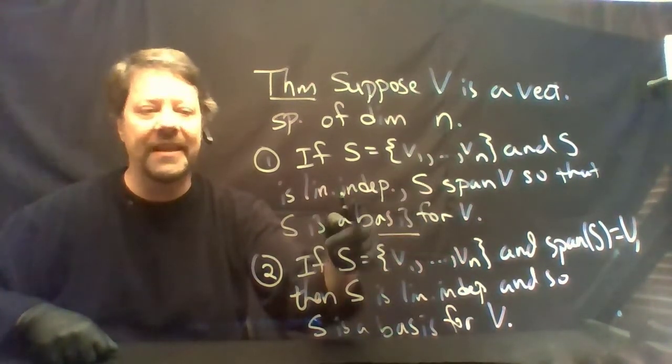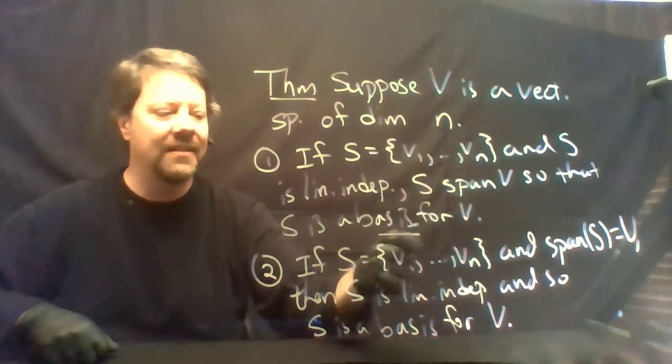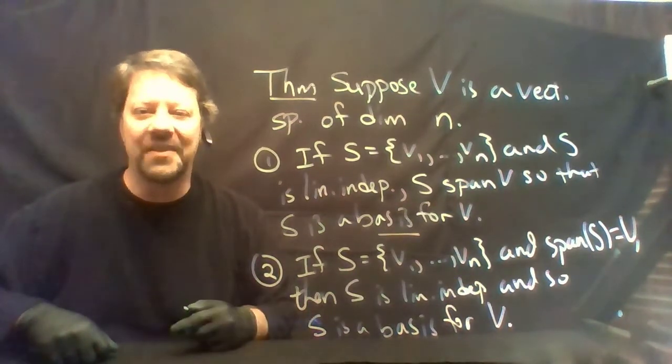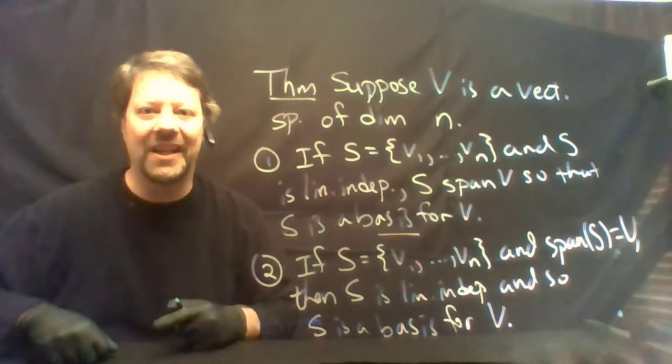If it's linearly independent, it automatically spans. If it spans, it's automatically linearly independent. Either way, you get a basis by just checking one condition.